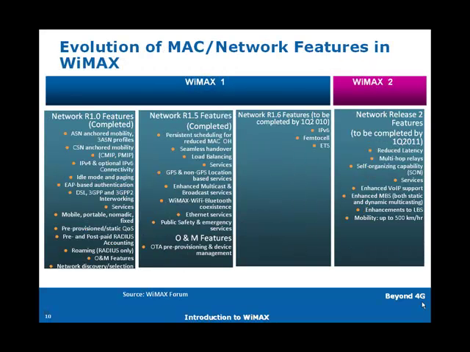The 1.5 release requires some additional features like multicast and broadcast, location based services, especially GPS based locations, and other features. So some components like a location server or multicast server would be required, but essentially this move from 1.0 to 1.5 from the RAN perspective would be mostly software driven.